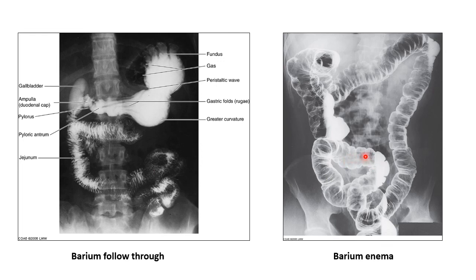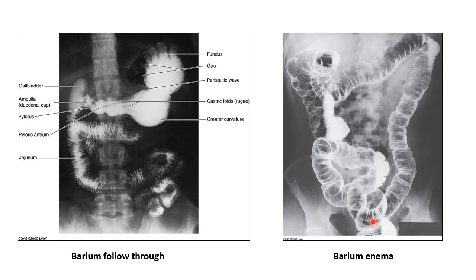Now this one is different because it shows the large intestine. So here you can see the sigmoid colon, the ascending colon, the transverse colon, the descending colon, and the cecum. Now in the previous three images or investigations, the barium was introduced through the mouth.